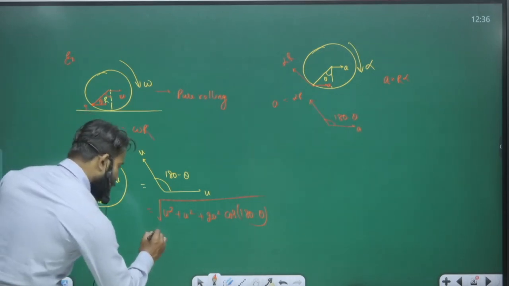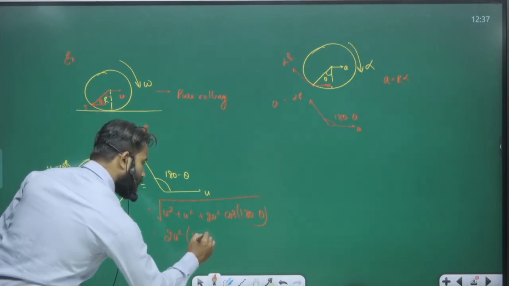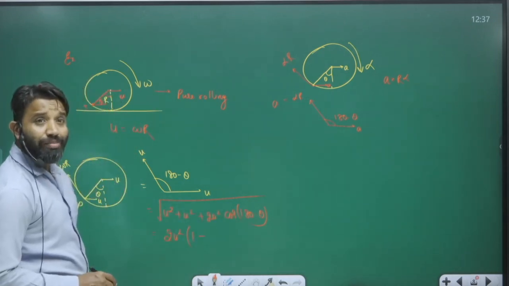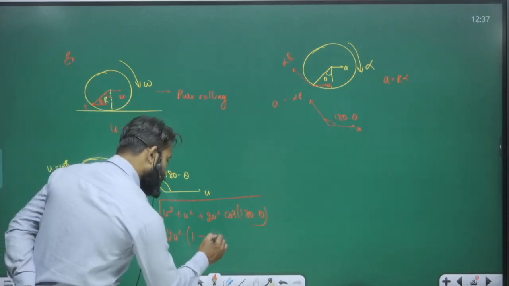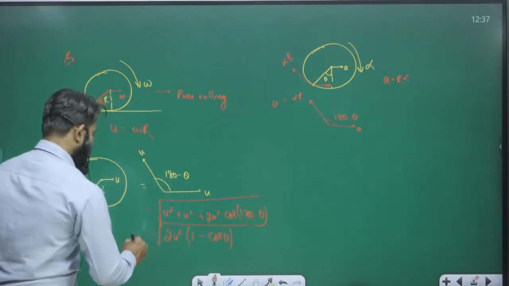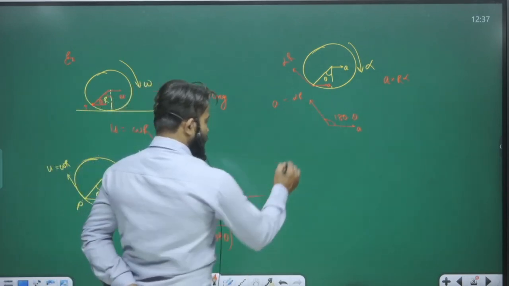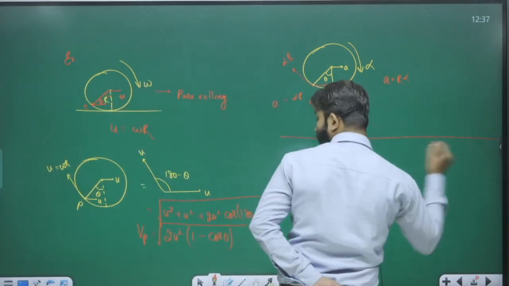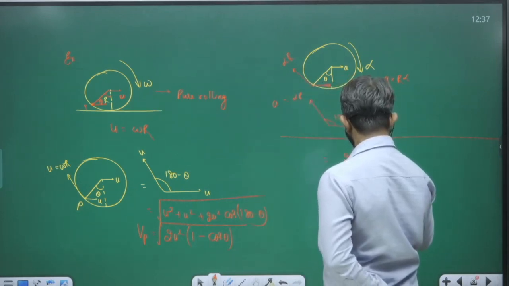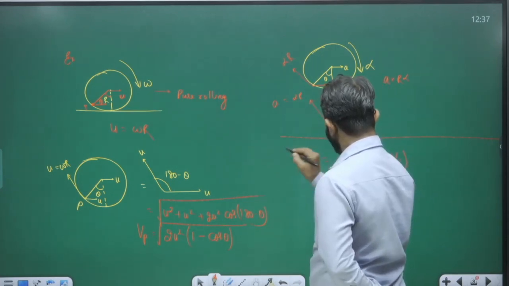Now this can be written as 2 u square in common, 1 plus cos of 180 minus theta. This can be written as minus cos theta. So under root of 2 u square into 1 minus cos theta. This is the velocity of point P. Further solving, we get 2u sine of theta by 2. This is the velocity of point P.